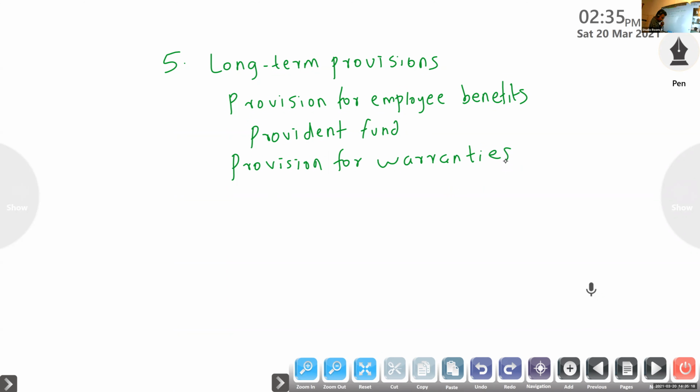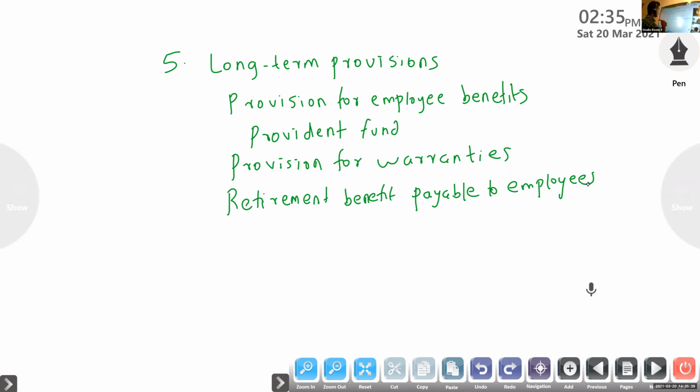Then provision for warranties. That is also a long-term provision. Retirement benefit payable to employees. This is also a long-term provision.